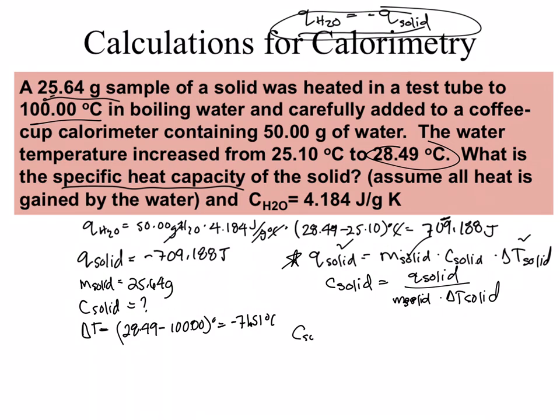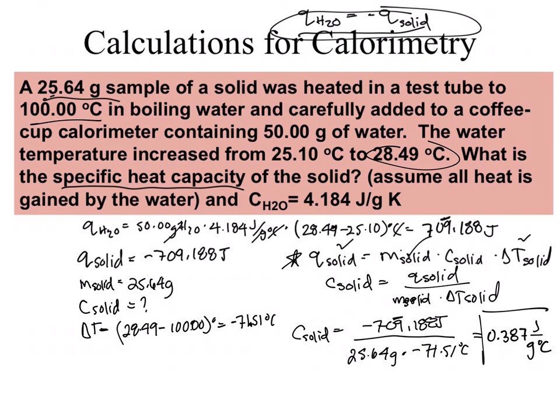So C of our solid is going to equal negative 709.18 joules divided by the mass of our solid, which is 25.64 grams, times negative 71.51 degrees Celsius. And we go ahead and plug those into our calculator. That's going to give us a specific heat capacity of 0.387 joules per gram degree Celsius. And that's the specific heat of the solid that we used in this calorimetry problem.